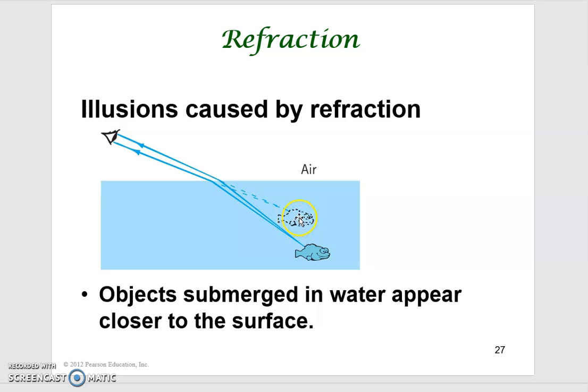So if you do not realize this fact, you will never be able to catch a fish in the river or in the lake. So therefore, objects submerged in the water will appear closer to the surface. So when you try to catch them, you should assume that they are actually at a deeper position in the water.